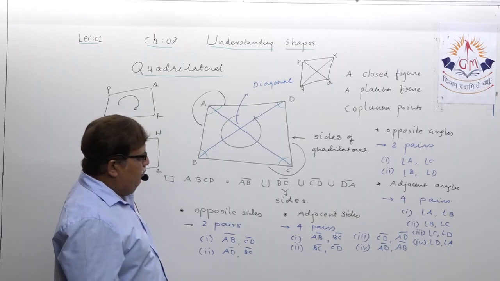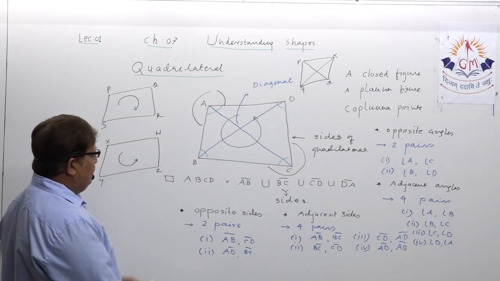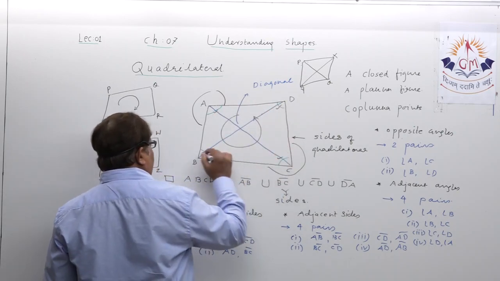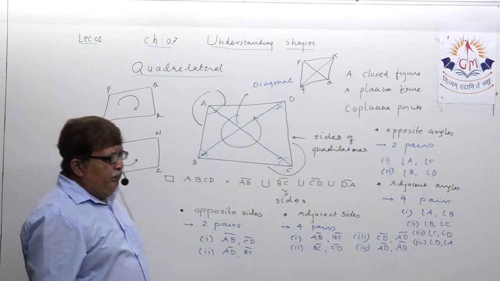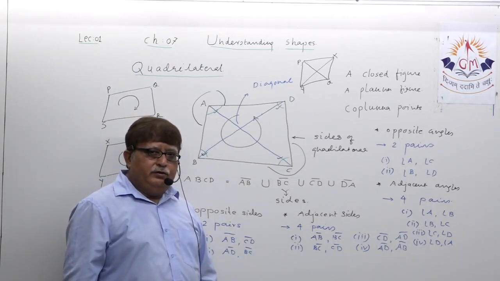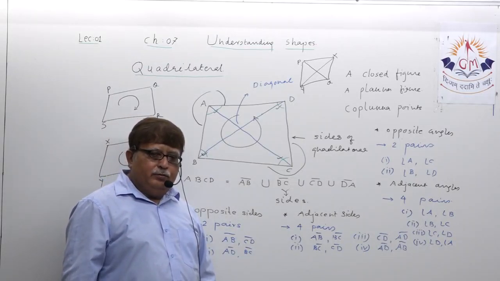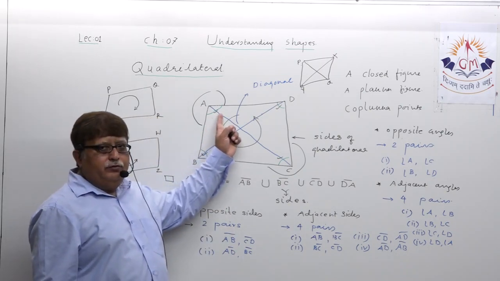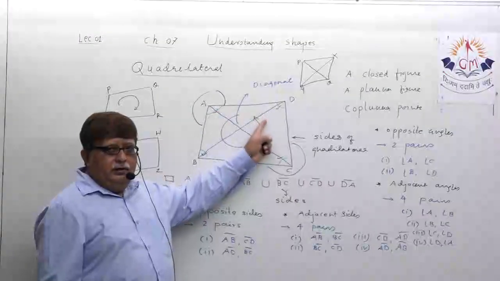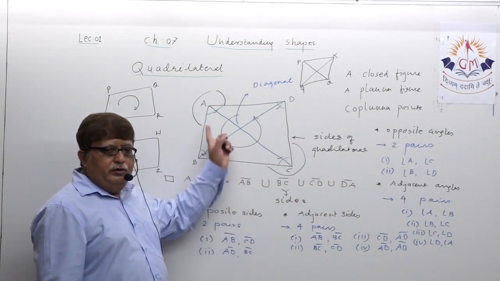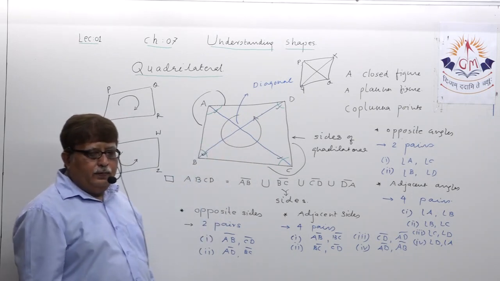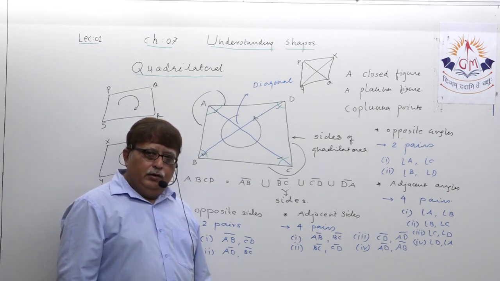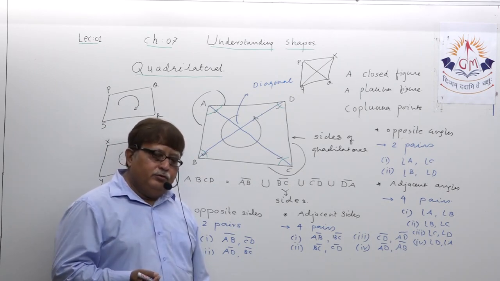Understand? And one more thing, dear student. A quadrilateral has four angles, that you know. Now one property is said to be the angle sum property. That means, if you sum up all angles in a quadrilateral, suppose quadrilateral ABCD is here, you can test at home also.